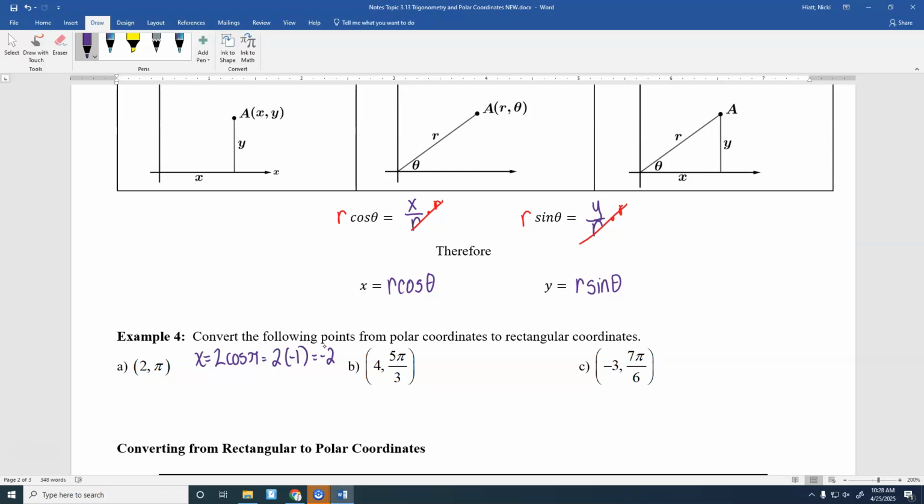And then my y value is going to be 2 sine of pi. And sine of pi is 0. So my rectangular coordinates for this point would be -2, 0.